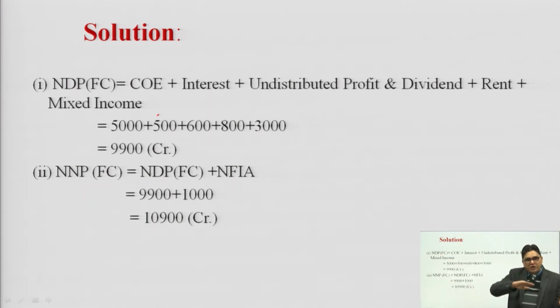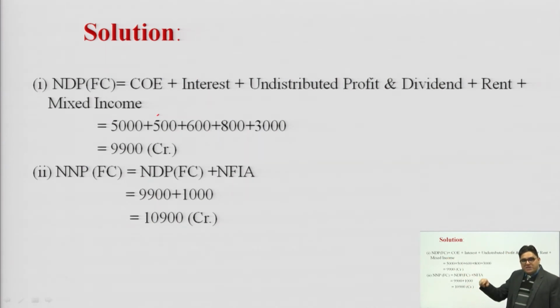To convert domestic into national, we simply need to add net factor income earned from abroad. I repeat, by the income method we reach NDP at FC, but the question demands that we reach NNP at FC from NDP at FC.